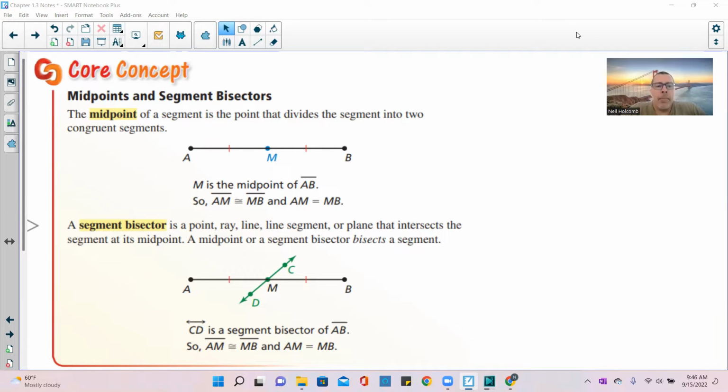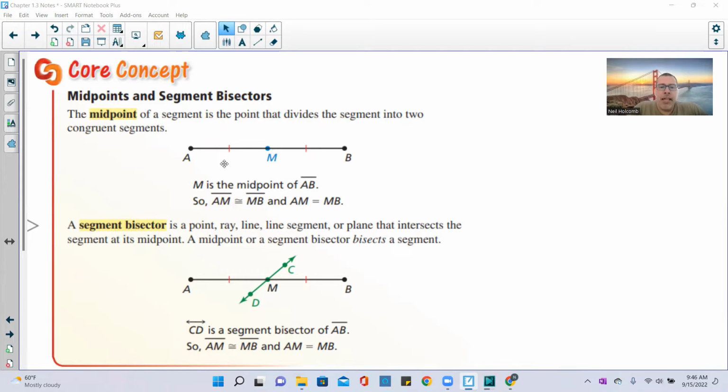So segment AM is congruent to segment MB. And that's what these little red marks are here and here. Those mean that they're the same length.